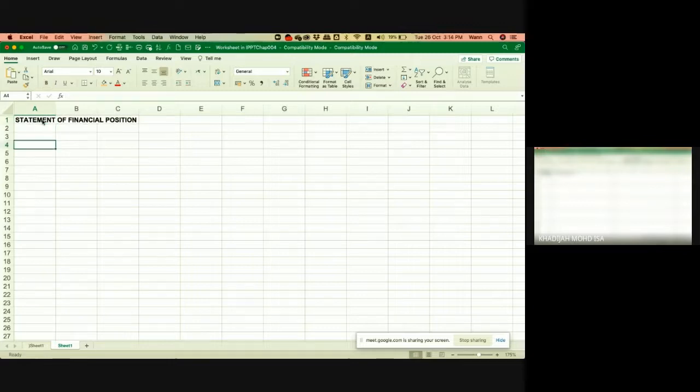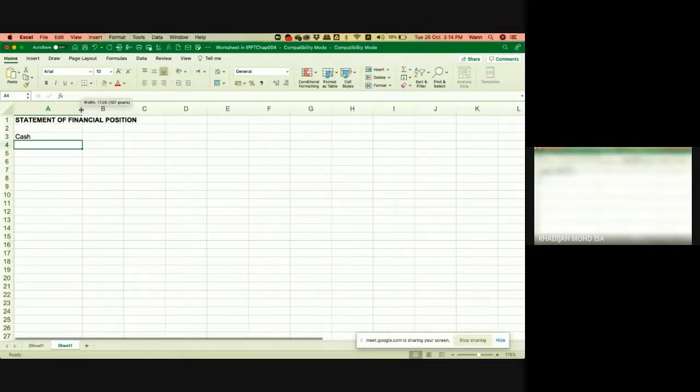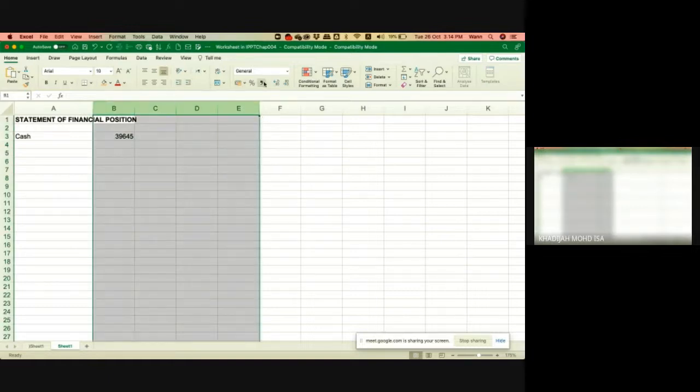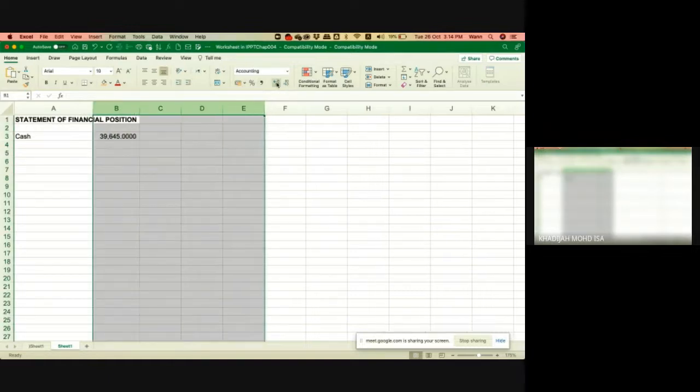We have cash. How much is the cash? 39,645.